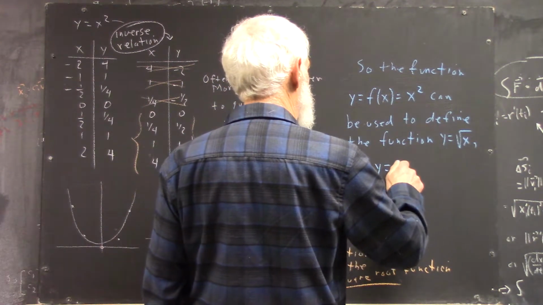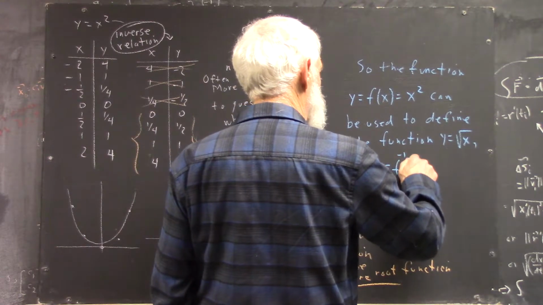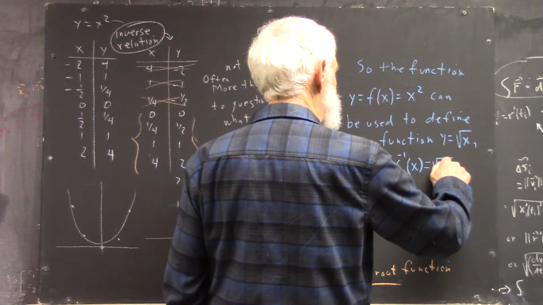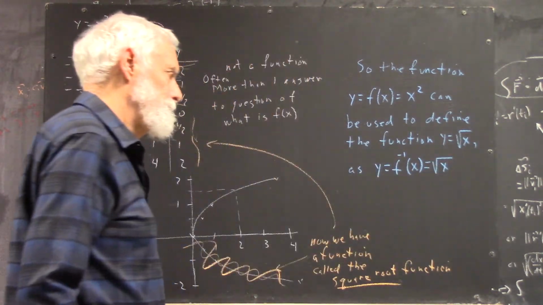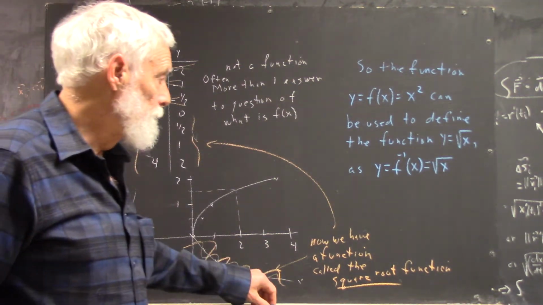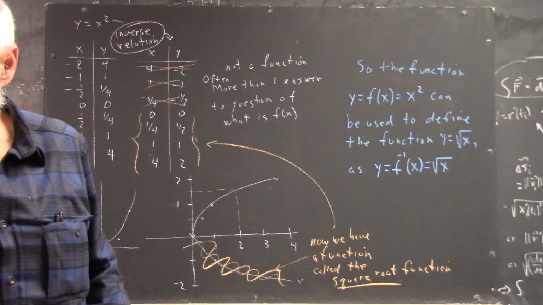So we say this is y equals f inverse of x, the inverse function, and that's equal to the square root of x. Okay?